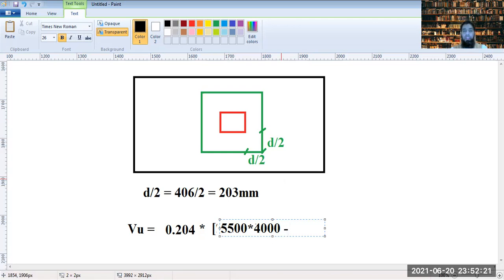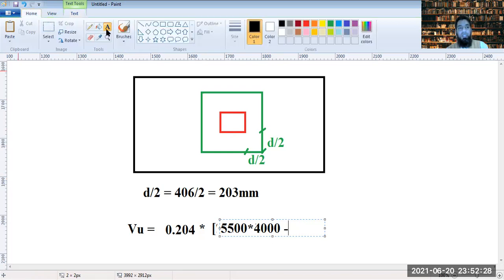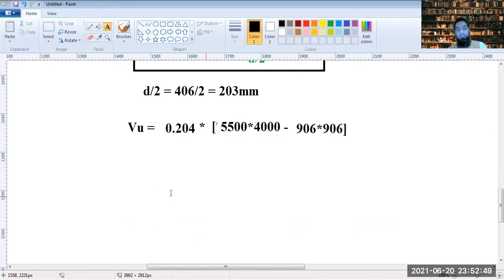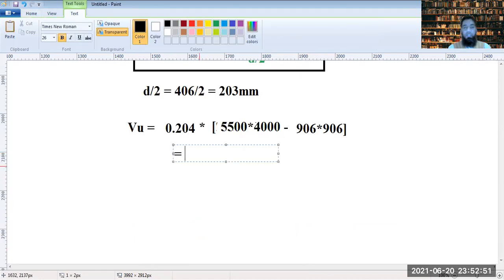Now, along the boundary, this is d by 2, this is d by 2, then you have d by 2 here, and this is 500. So that's 500 plus 203 plus 203, that's 406 plus 500, 906 cross 906, other direction as well. So you're getting the shear force along that critical section.